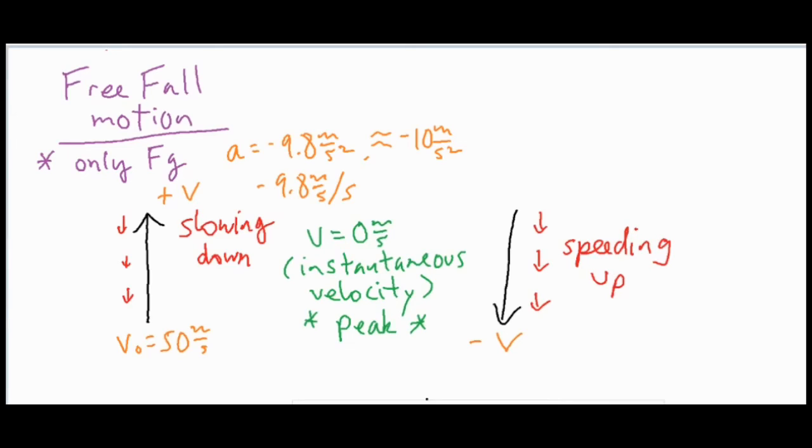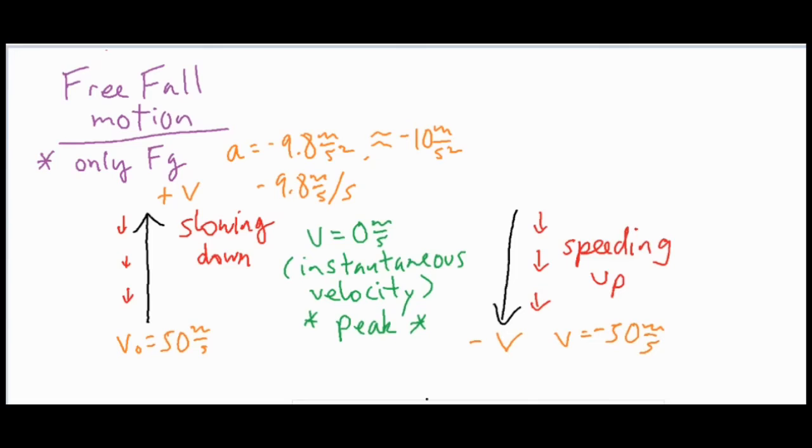It's becoming faster and faster in the negative direction. Just so happens that if it gets popped up at 50 meters per second and then reaches ground level again, your final velocity would be negative 50 meters per second. Same number, different sign.